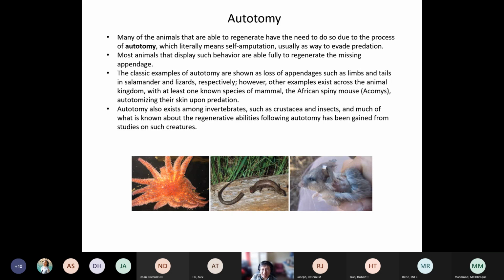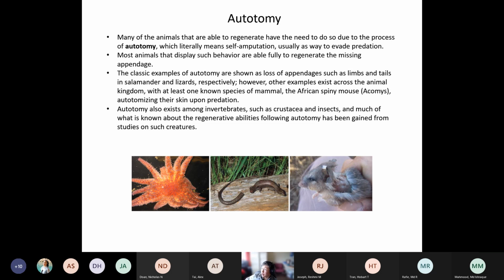So that's probably the only case of higher mammals removing a lot of their body parts, as a form of autotomy. That's probably the only example for higher mammals. Otherwise, it occurs in lower vertebrates, such as salamanders and lizards, and of course, it occurs in much lower invertebrates, such as crustaceans and insects, right?